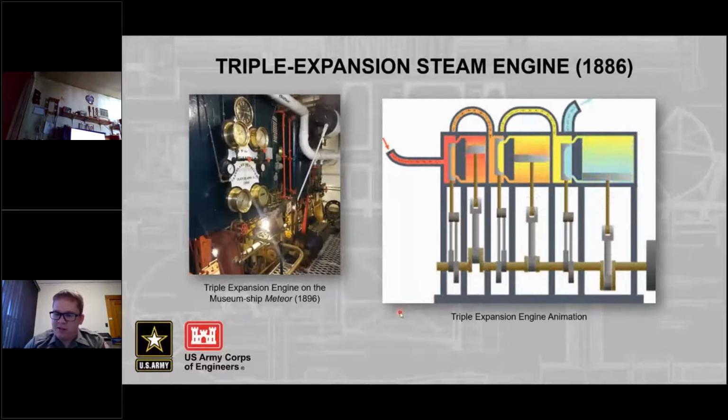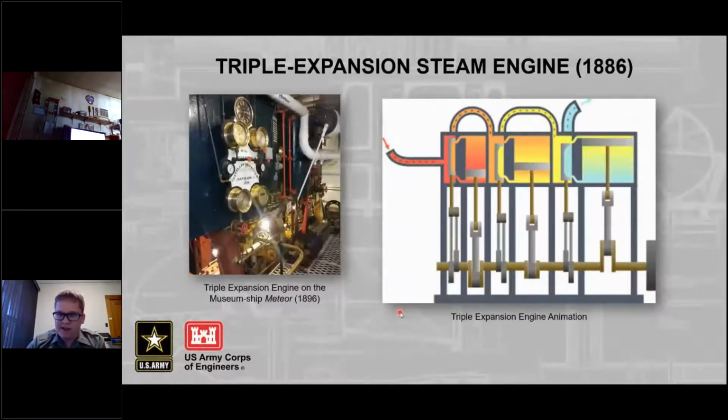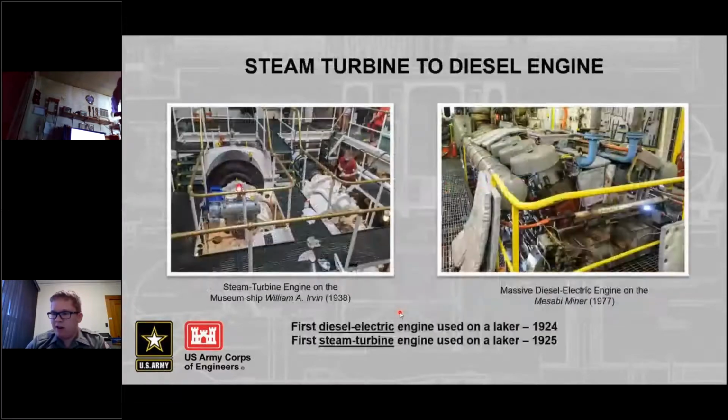The last triple expansion steam engines were used in the Great Lakes vessels in the 1980s and 1990s. So it wasn't too long ago that there were still a few ships on the lakes that had these triple expansion steam engines. And then finally, we are on the modern engines that we have here on the Great Lakes.